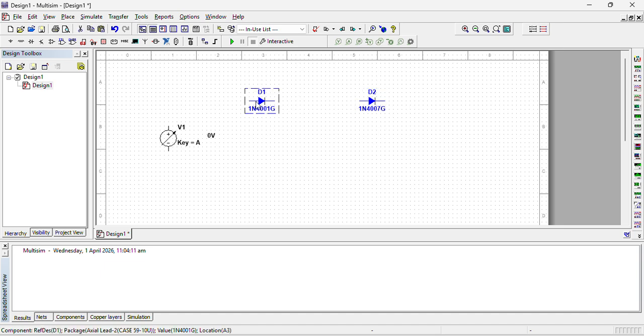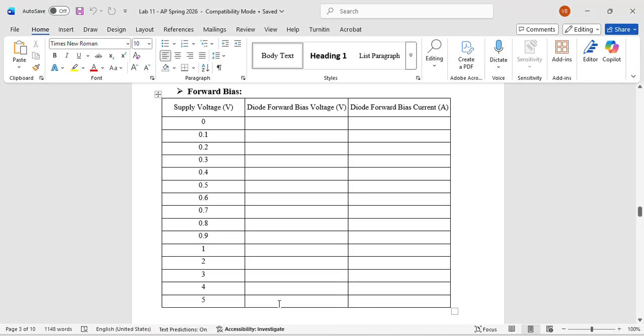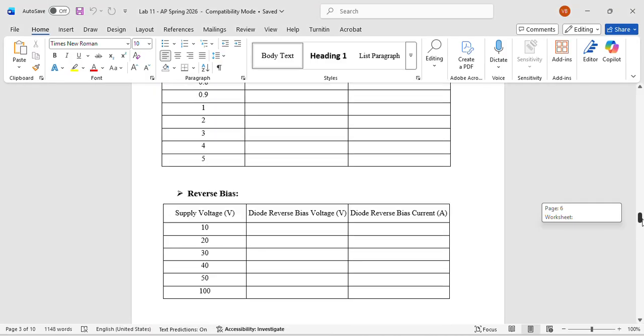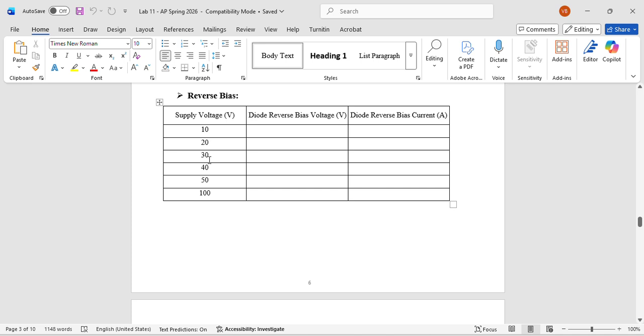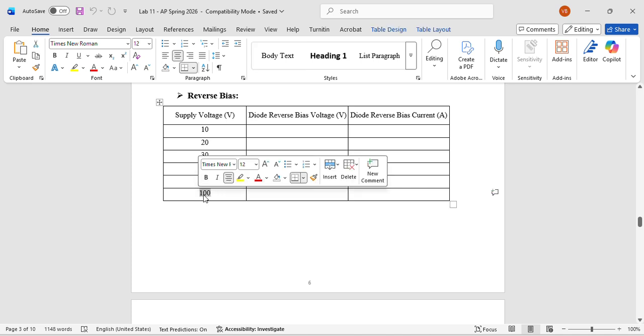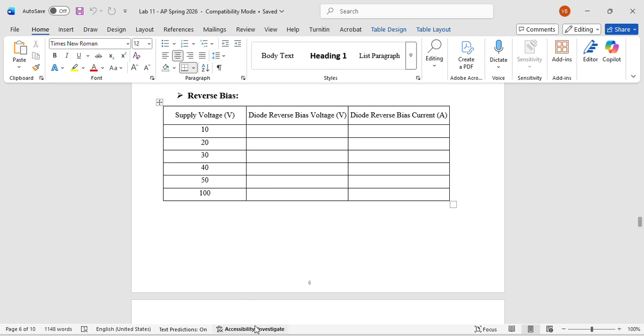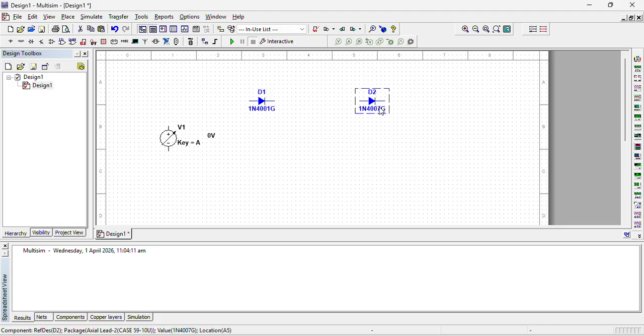So let's use this one, very simple, because our lab handout is designed as per this diode. In forward it's okay, but in reverse the voltages are 10, 20, 30, 40, 50. Till 50 this will be okay, or maybe it could break down, but of course at 100 this will surely break down in reverse bias.